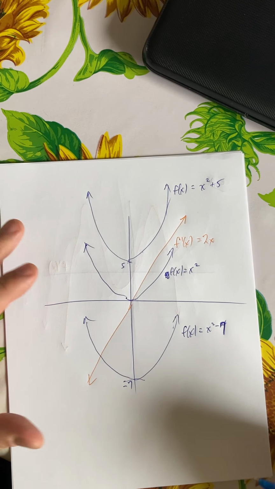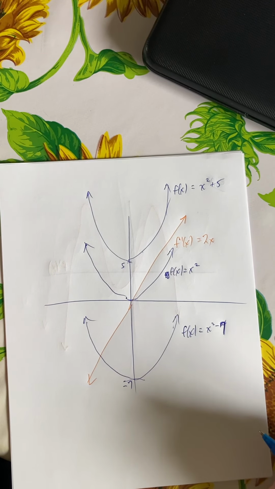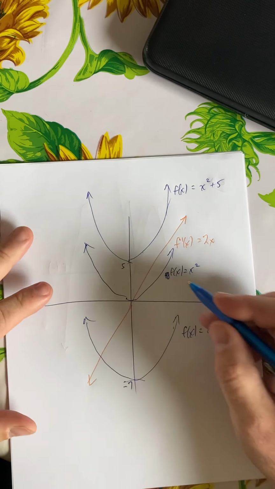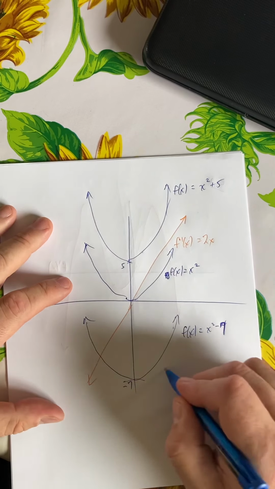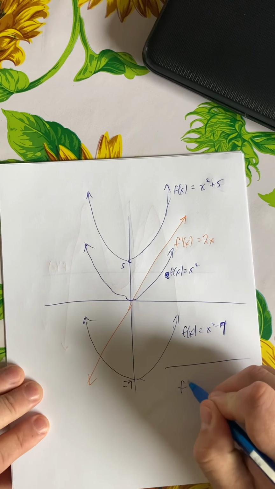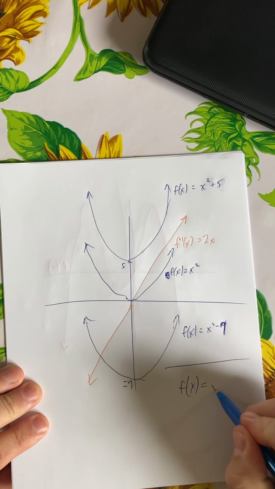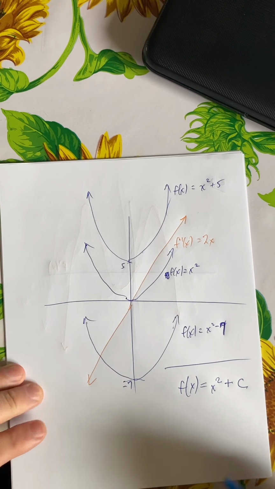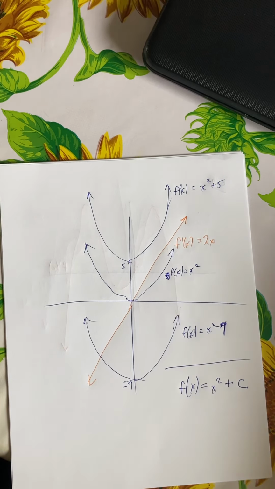So basically, in the next chapter, when we talk about integration, we are going to learn how to go backwards, all right? The thing is, though, when we do go backwards, then we have to write it this way. This is the proper way to do it. It's f of x equals x squared plus c, okay? And c is a constant.